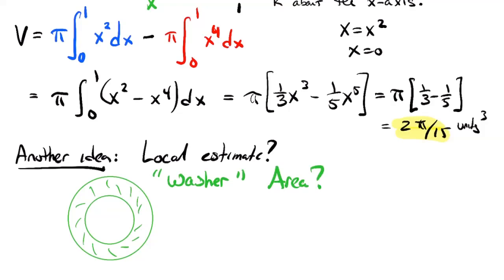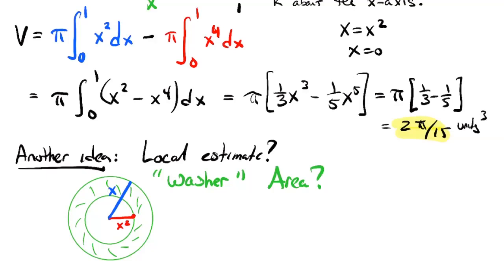Well, again, I think we should just think in terms of the difference. This washer at x, its outer radius is x itself, because it's on the graph of y equals x, and its inner radius, using the same colors, was x squared. Between 0 and 1, x squared is less than that.